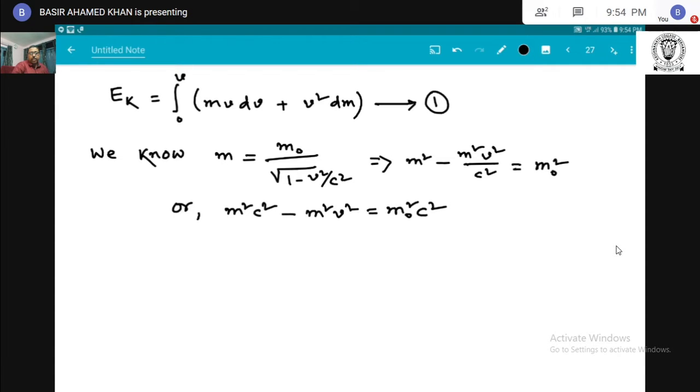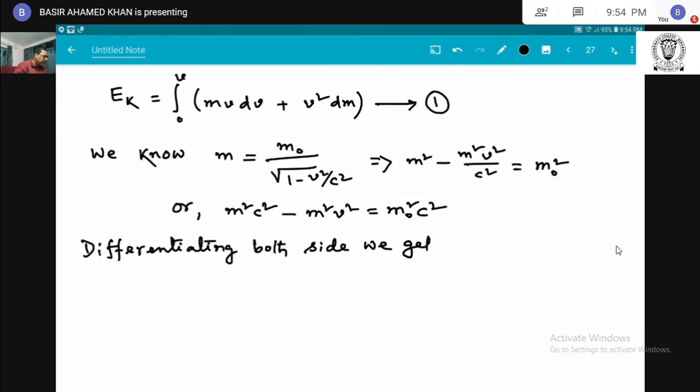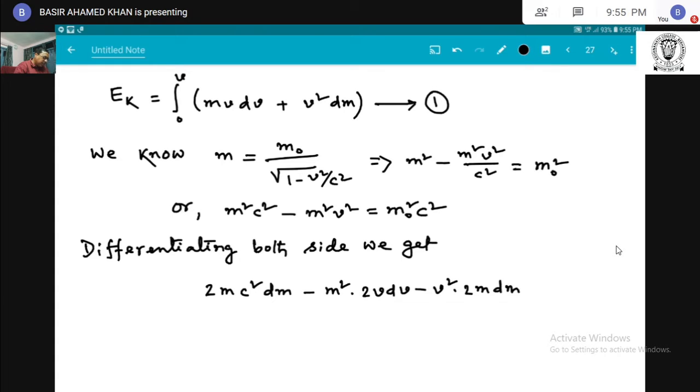Now differentiating both sides of this equation, we get 2m c square dm minus m square into 2v dv minus v square into 2m dm equals 0, since m0 square c square is constant.